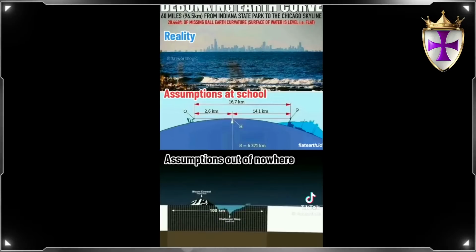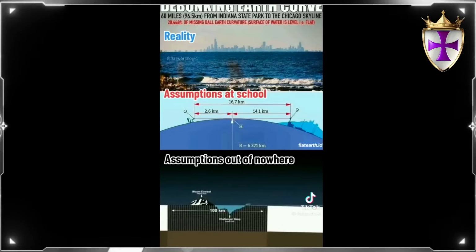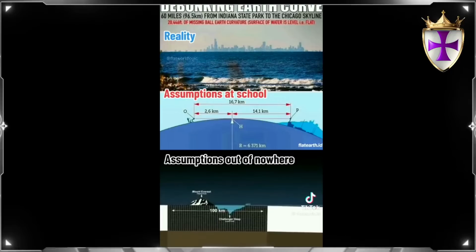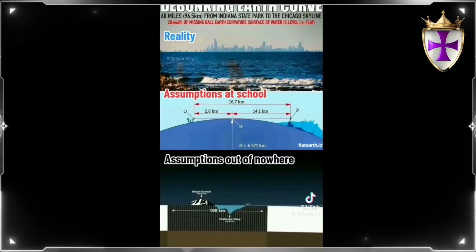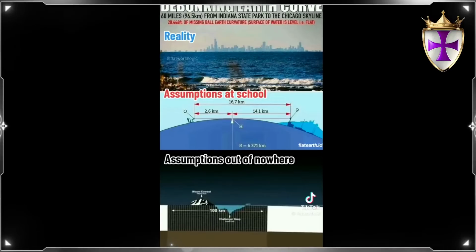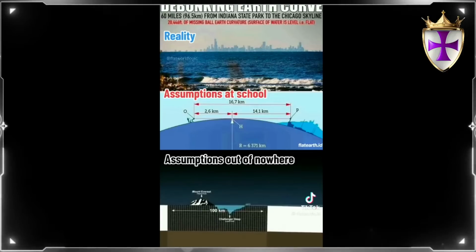Now, according to the globe theory, the Earth curvature theory, it's based on the circumference of the globe. It says that you should only be able to see maybe the top of these buildings, and certainly not the horizon from that distance. And that's actually only at 16.7 kilometers, not even 96.5 kilometers.